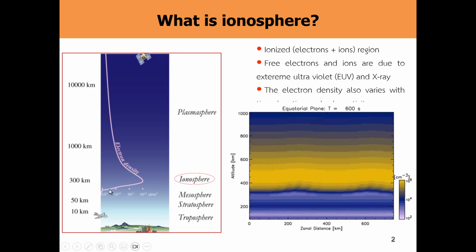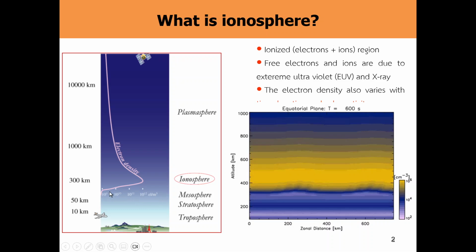So the altitude is roughly from maybe 50 kilometers all the way to, say, 1,000 kilometers. You could say 10,000 kilometers. Some people say 20,000 kilometers. So up to you. But basically, on the x-axis, if you take a look, these are the ion electron density.